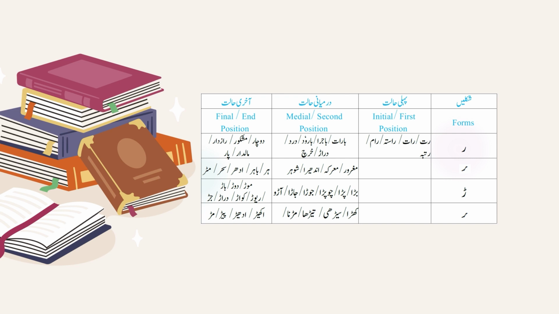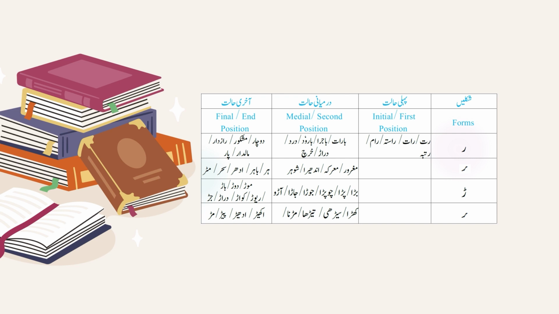Mu'arrika, it has changed their shapes, affected the alphabet. We have a third example, Andhera. After Ya there is a Ra, and in its short form, Shauhar, Ra in this short form, in medial or second position.